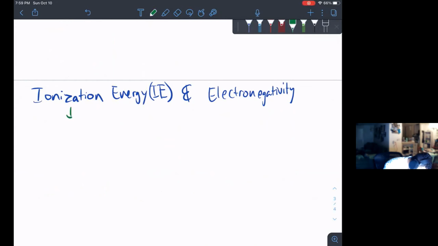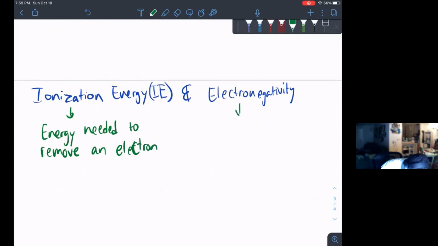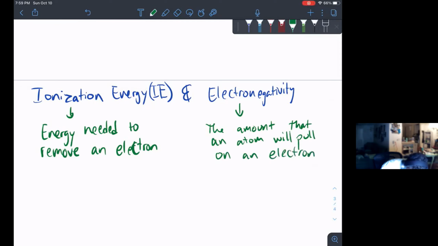Ionization energy is the energy needed to remove an electron. Electronegativity is the amount that an atom will pull on an electron in a bond.